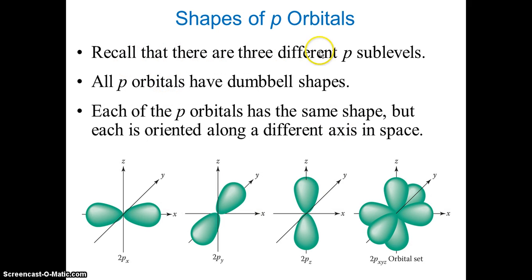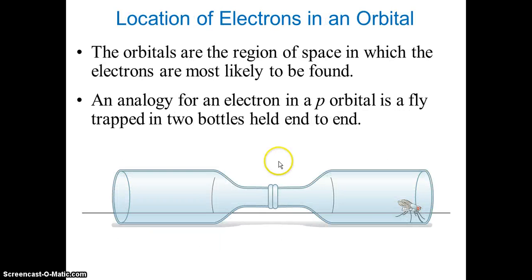There are 3 different p orbitals. All p orbitals have dumbbell shapes. They are the same shape, but oriented three-dimensionally as 2px, 2py, and 2pz along different axes in space. An analogy for an electron in a p orbital is like 2 bottles with a fly trapped in them, and you can see where it is located.